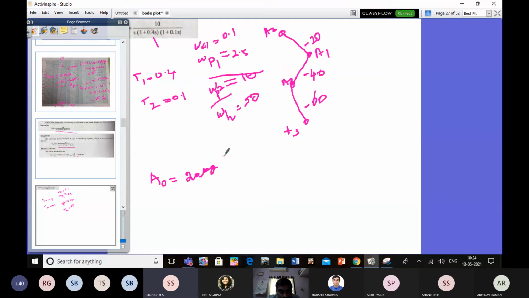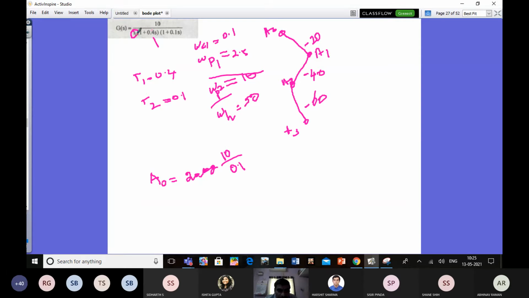It is 10, given in the transfer function. So K is 10. 10 divided by omega CL, what is omega CL? That is 0.1. That omega CL is nothing but this pole. K divided by j omega, that is K by S, where S is equal to omega CL. You can substitute and you will get the answer.